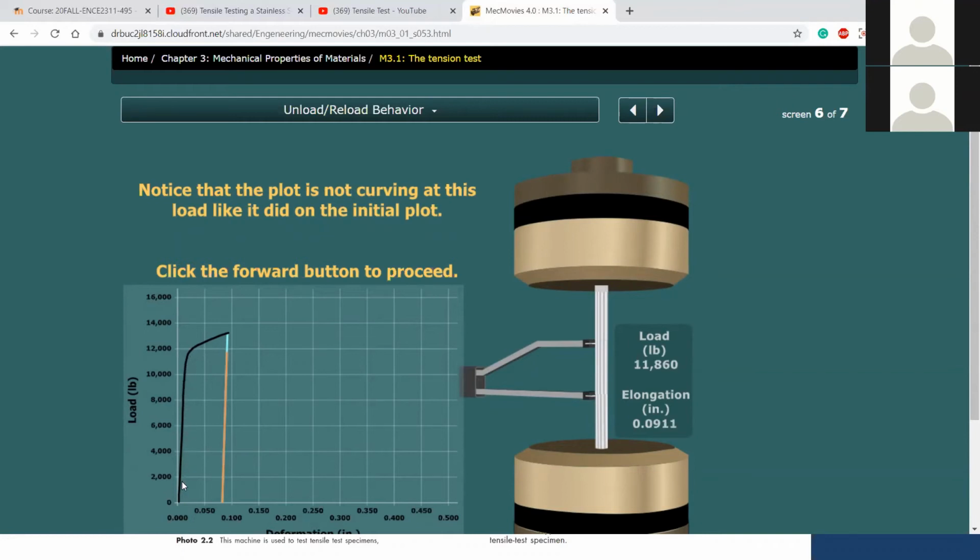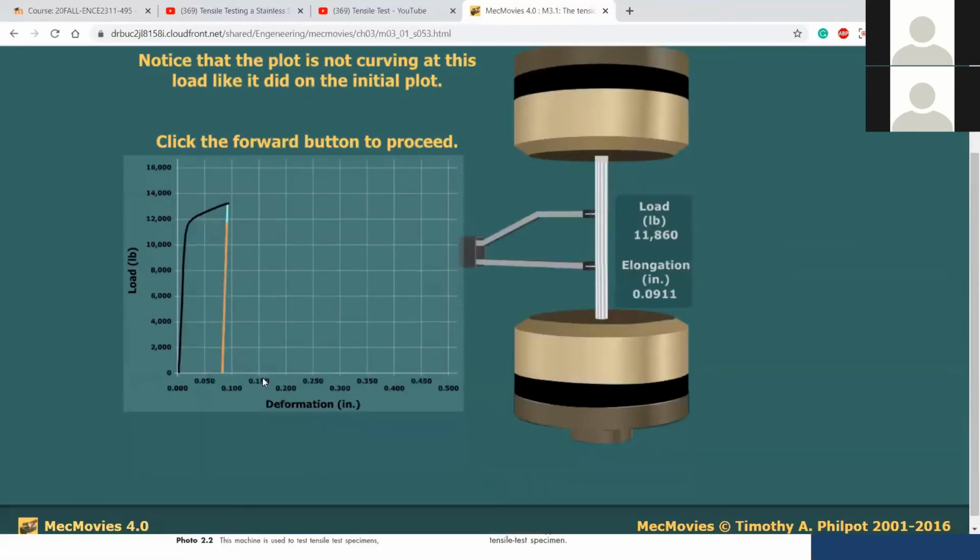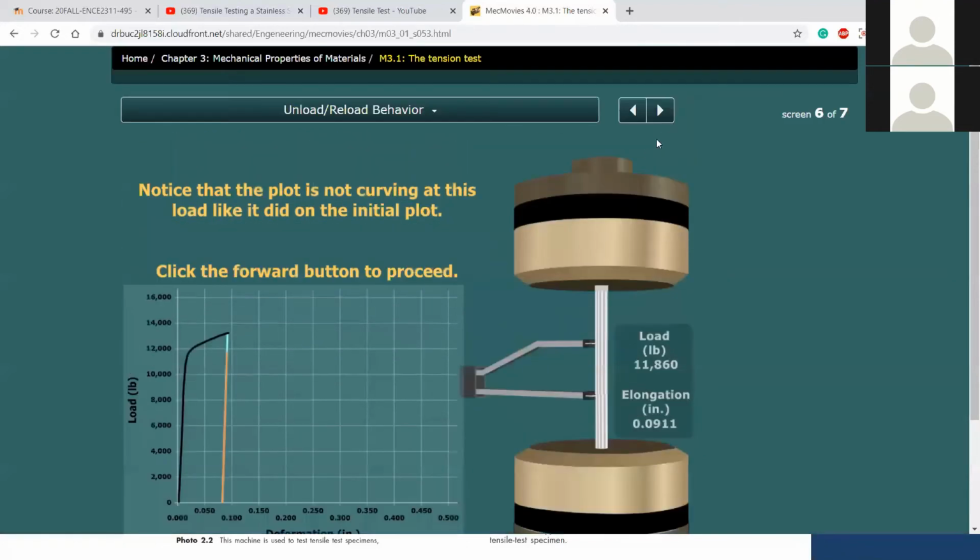When you start decreasing the load, the deformation decreases as well. But when you start reloading, you start from 0 and go back to 13,000 again, and then it starts deforming because it already deformed in this section.